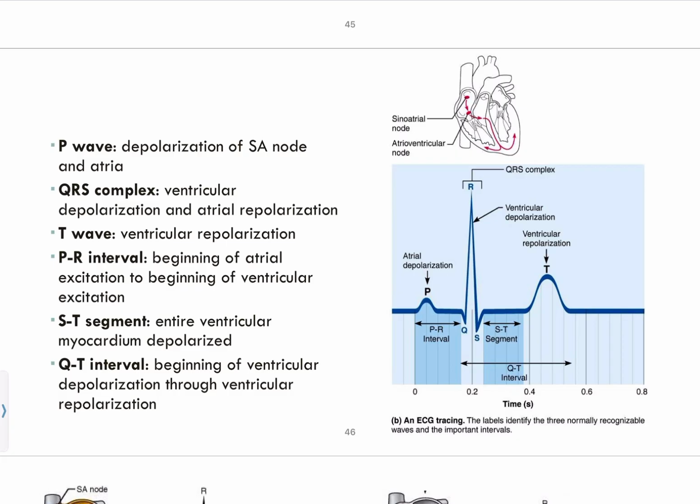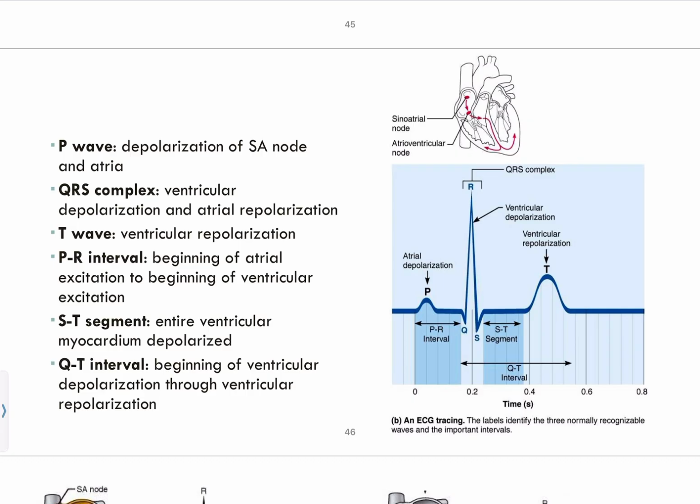The QRS complex is associated with ventricular depolarization, which triggers contraction, but it's also going to include atrial repolarization, even though it's masked by the stronger ventricular signal. So when you see the QRS complex, that's the electrical event of ventricular depolarization, just know that atrial repolarization is occurring at the same time. You just can't see it.